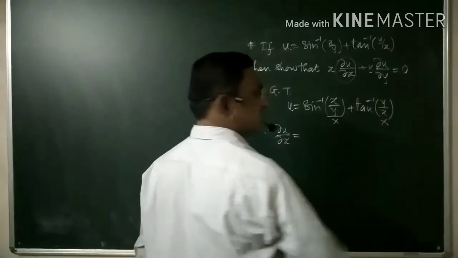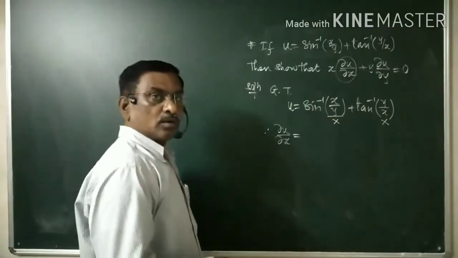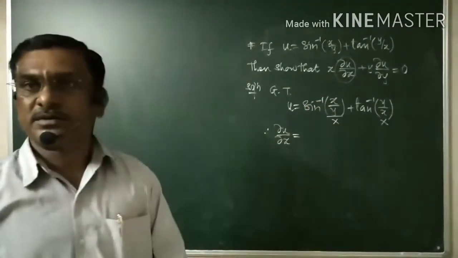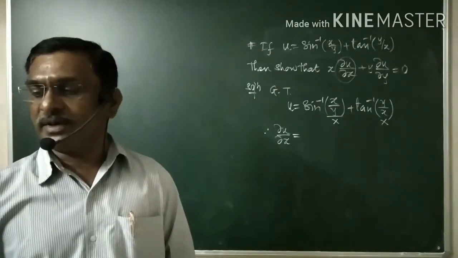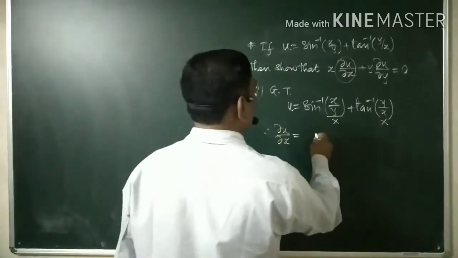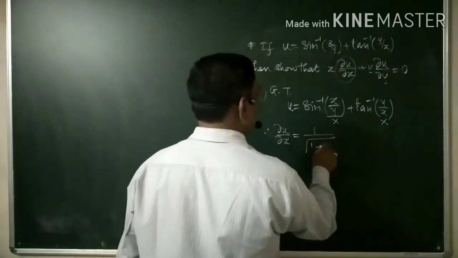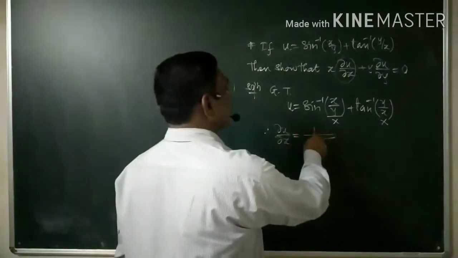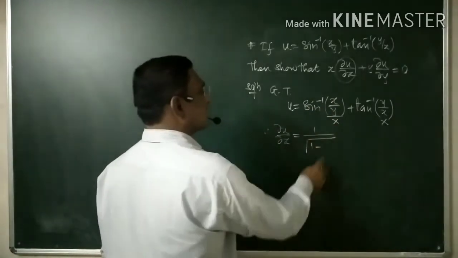Therefore, we use the formula to find the derivative of sine inverse x. What is the formula for the derivative of sine inverse x? It is 1 upon square root of 1 minus x square.